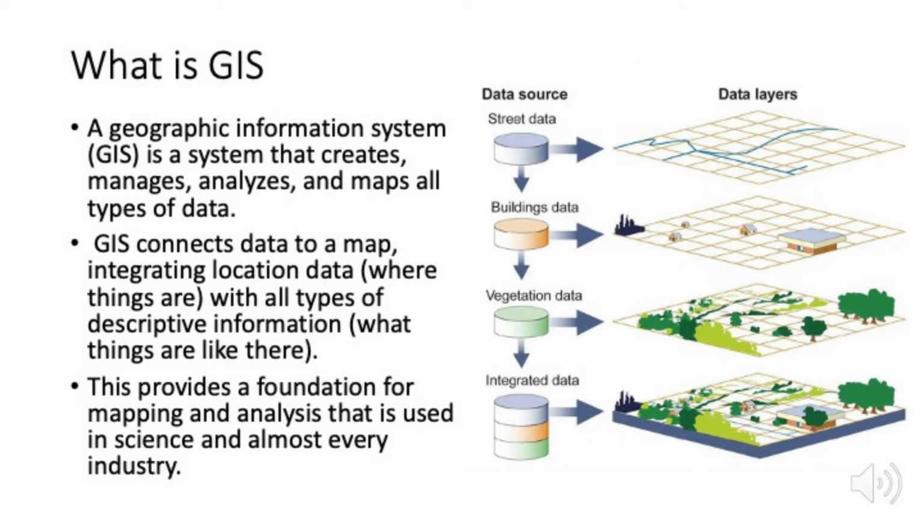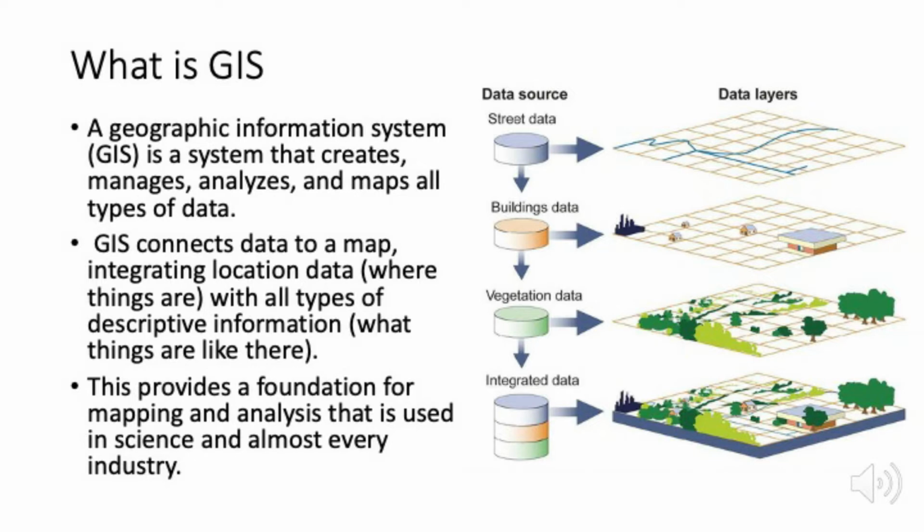Okay, so what is GIS? GIS is a system that can help you relate different geographic features on the map, and also it can help you find out the relationship between them. So, a formal definition can be: GIS is a system that creates, manages, and analyzes the maps and all type of data.